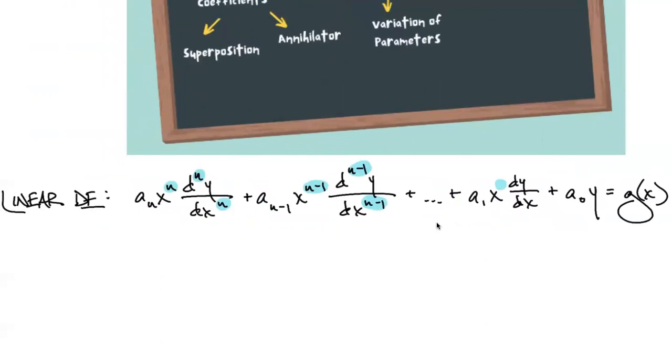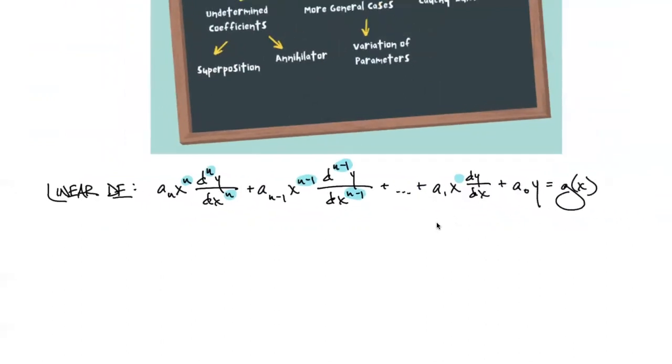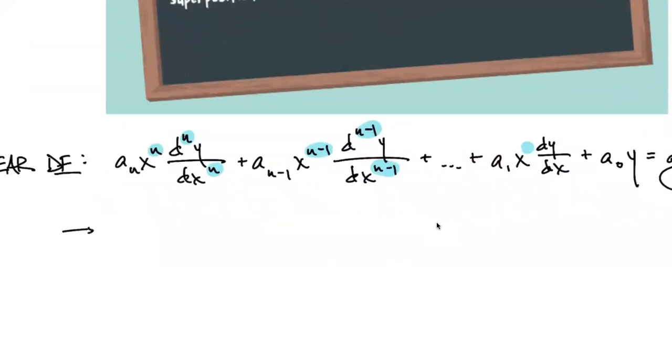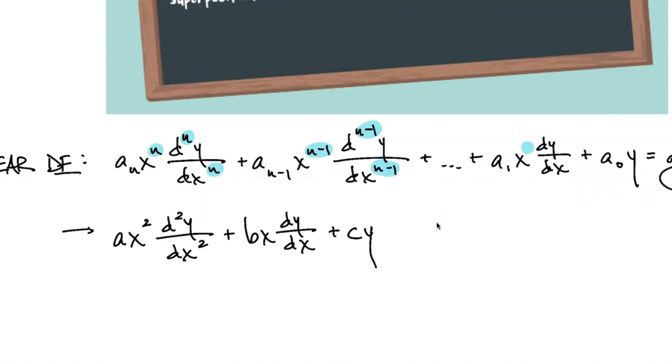But what we're going to be focused on in this class, since we're looking at second order differential equations right now, is we will look specifically at what happens when we have some constant a times x squared times the second derivative, plus bx times the first derivative, plus some third constant c times y equals 0.